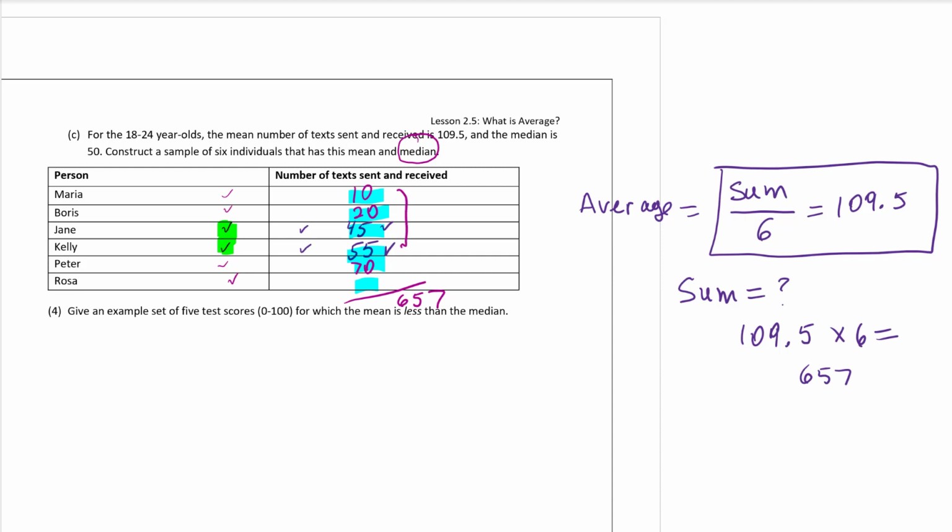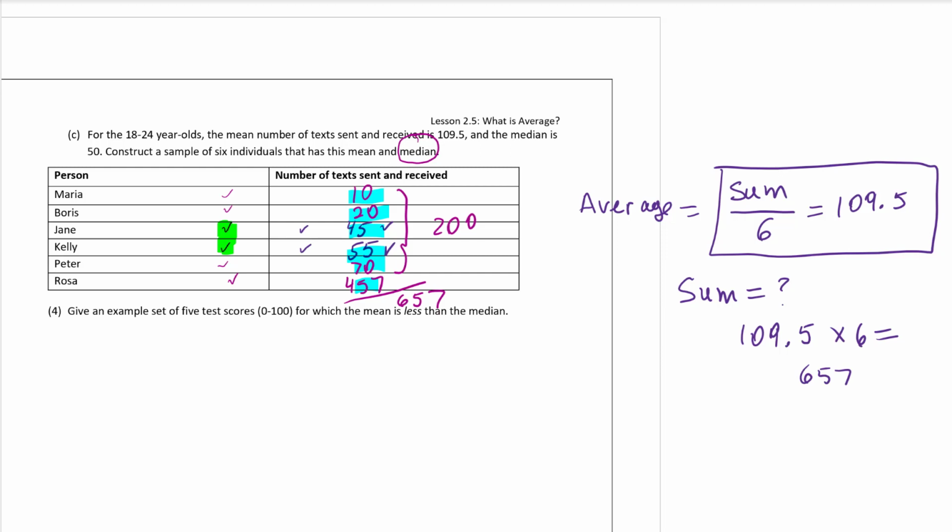Then you can add those up right here. 10 plus 20 plus 45 plus 55 plus 70. So that gives me 200. That means Rosa should take the rest to make it 657. So that would be 457. So here we go. Here we come up with the set of numbers.